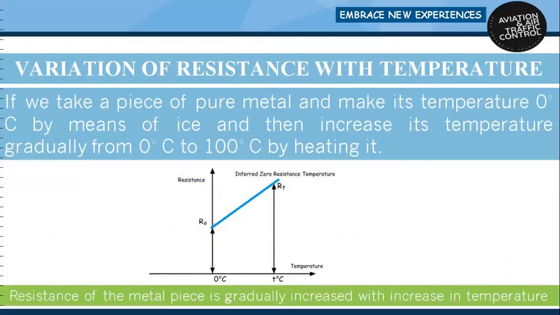Experimentally, if we take a piece of pure metal and make its temperature 0 degrees Celsius by means of ice, and then increase its temperature gradually from 0 to 100 degrees Celsius by heating it, and plot the resistance versus temperature graph, we will observe that the resistance of the metal piece gradually increases with increase in temperature.